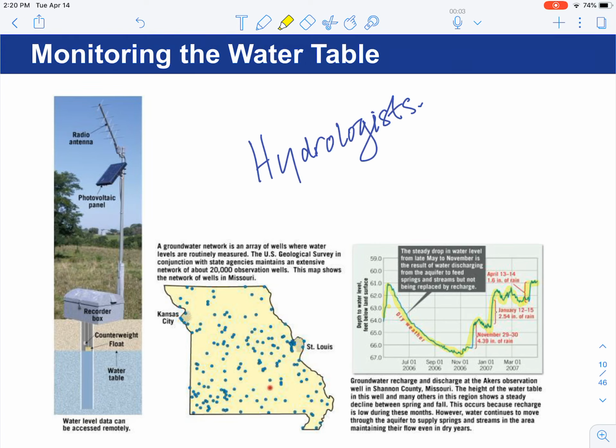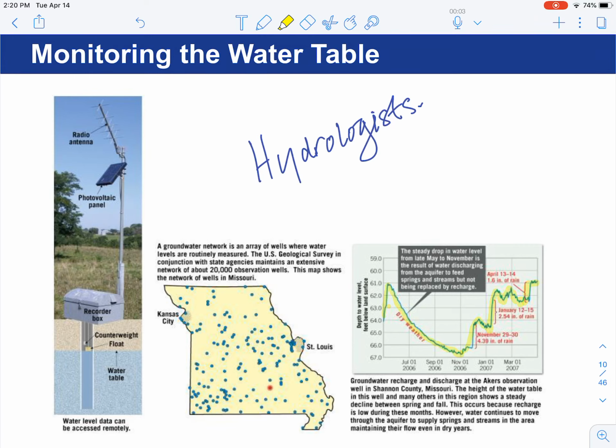And we call those periods that kind of alternate here on this graph times of recharge and then discharge. And so you can kind of see the seasonal decline here from an abundance of fresh water and a higher water table, early summer, spring, to where it drops over the summer months and into the early fall, because typically summer months in Missouri are dry.